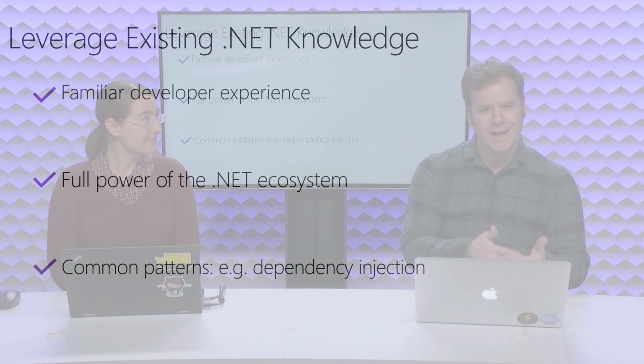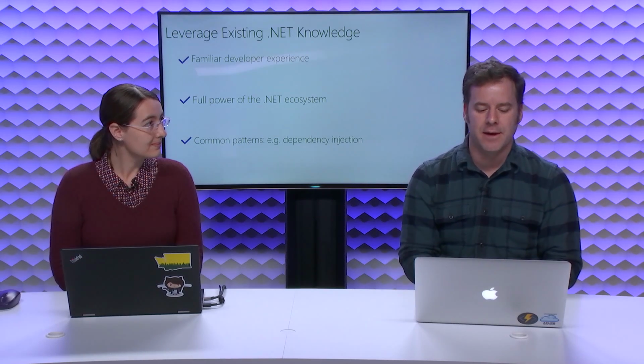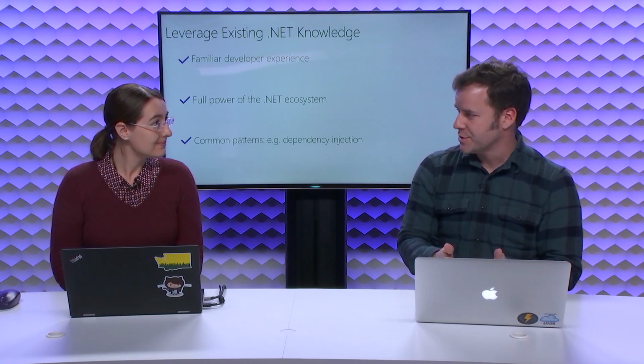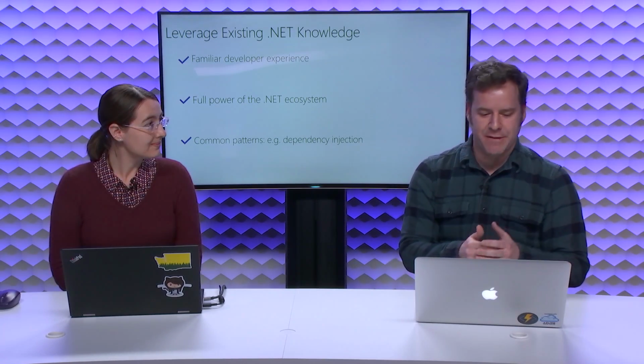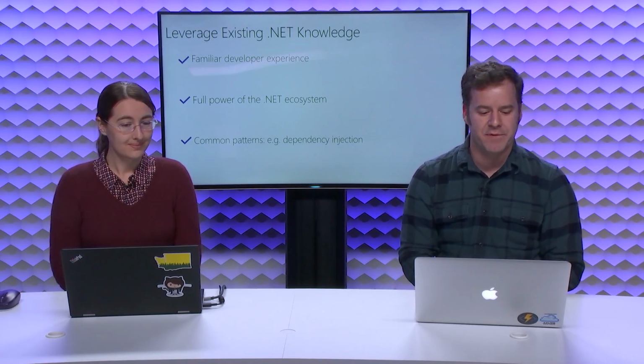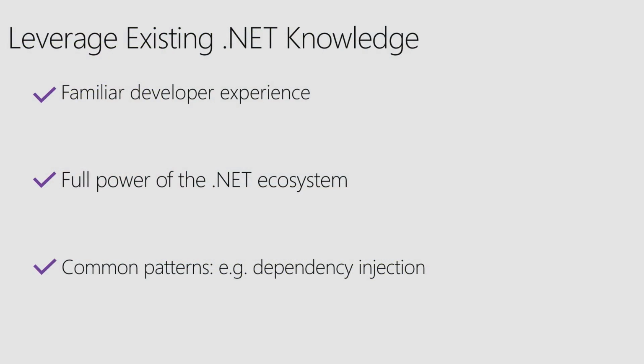So you get the same kind of benefits that you get from Blazor in functions. That familiar development experience, you can use Visual Studio as your primary IDE, the .NET tooling.